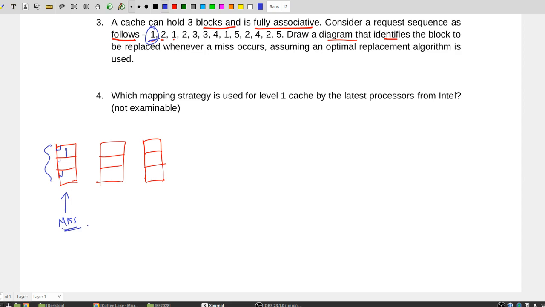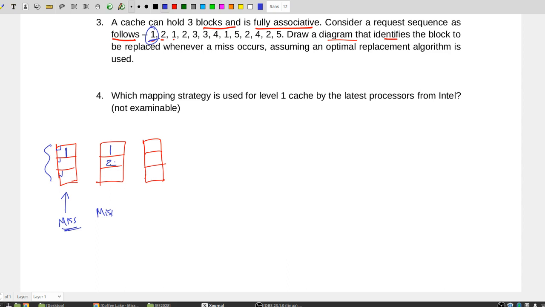Then 2 is being accessed. So 1 is already there. Now 2 is being accessed, which is also a miss. So when there is a cache miss, the cache controller will initiate a read from the main memory, and the corresponding block will be placed in the cache, and then it will be forwarded to the processor. So anyway, the cache will be updated.